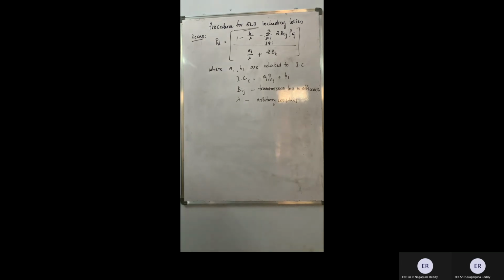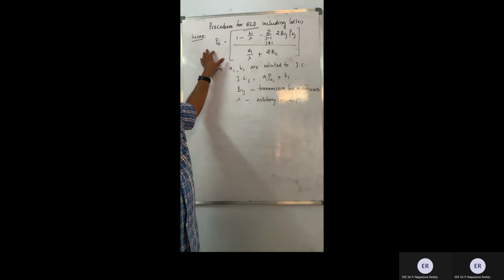So having learned this, now we'll discuss what is the iterative procedure which we need to follow in determining this PGi. Then you may ask me, sir, there is already a formula, then why should we go with a long iterative procedure? Yes, better.